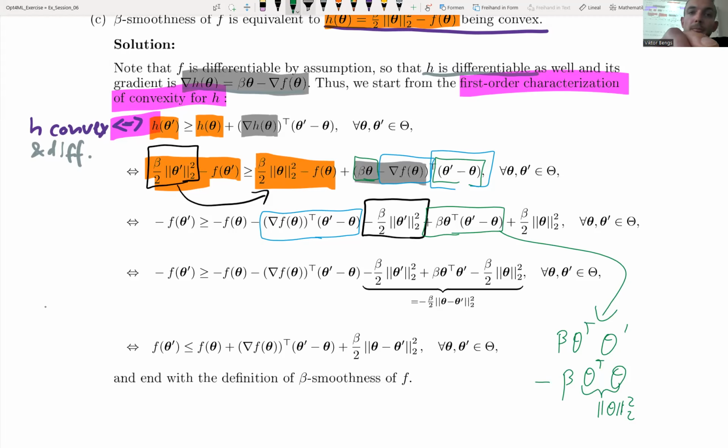This term here, which we get from here and here, can be computed together with this Euclidean norm term we already have for theta, and we result in minus beta half of the squared Euclidean norm of theta.